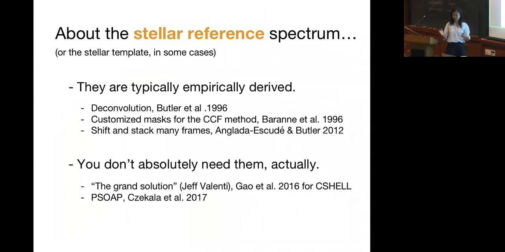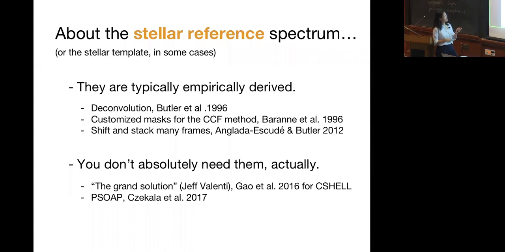They're typically empirically derived, first of all, because if you try stellar synthesis or try to extract stellar parameters, when you try to match theoretically synthesized stellar spectra to real observed ones, you probably know the frustration that they never match when you're talking about high resolution spectra. In some wavelength regions, they just shockingly do not match at all. So we're forced to derive an empirical stellar reference spectrum.